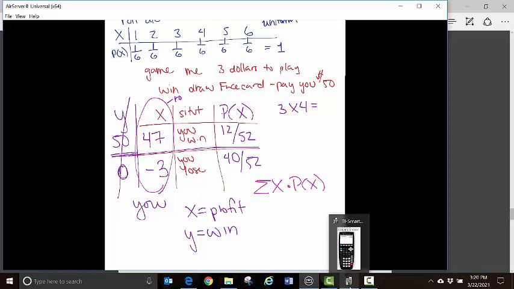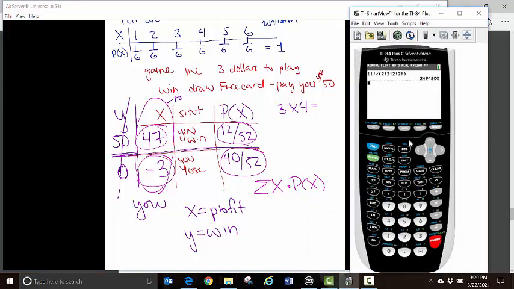So 47 times this, negative 3 times this, and add them up. However, I'm just going to put it in my calculator: stat, edit, list 1. I'm going to say 47 and negative 3.